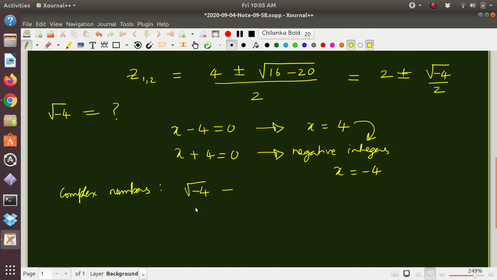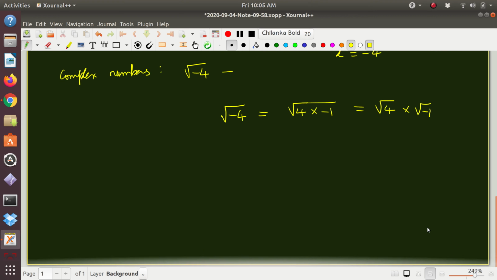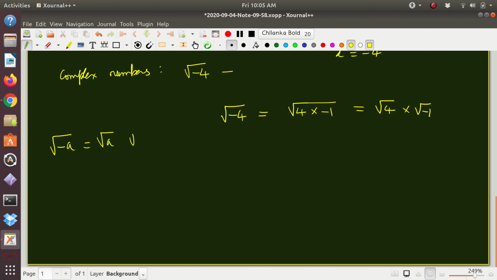Okay, so what we do is we write square root of minus 4 as square root of 4 into minus 1, which is square root of 4 into square root of minus 1. So any square root of a negative number can be written as follows: square root of minus a is square root of a times square root of minus 1.